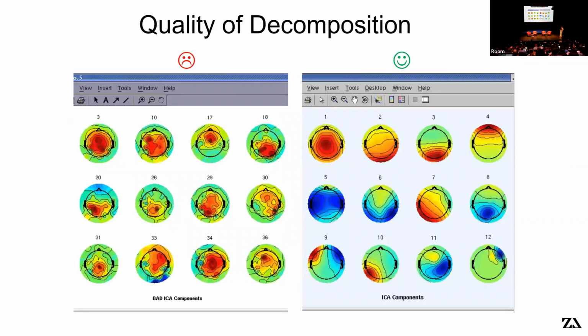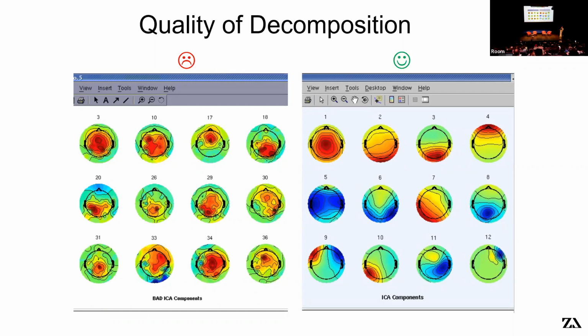What's important here is also the quality of the decomposition. If you have a very bad ICA decomposition, then there are probably still a lot of artifact and brain signals mixed, so you cannot really get rid of the artifacts by rejecting components, because you will have both brain and artifact sources mixed.